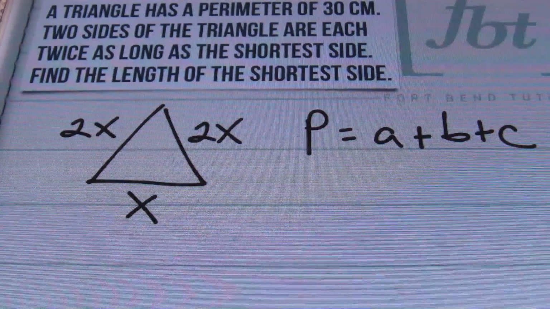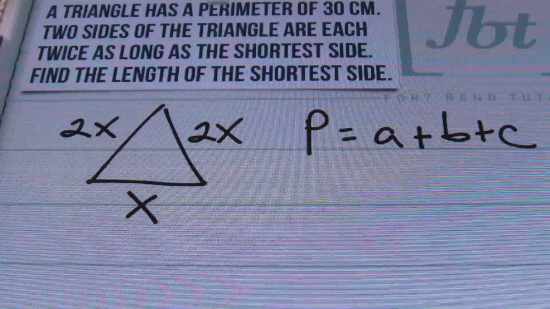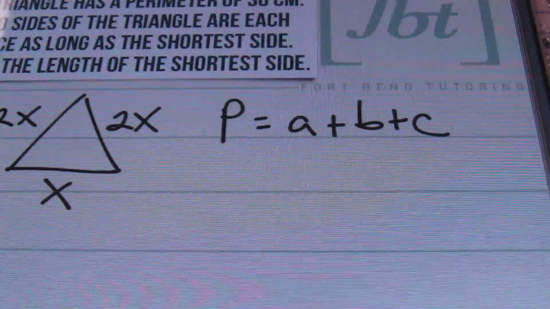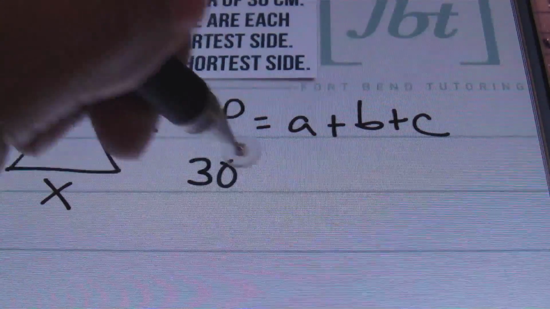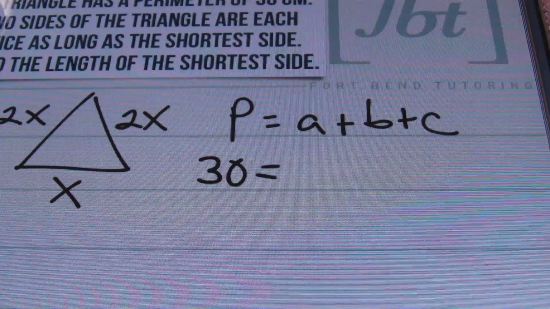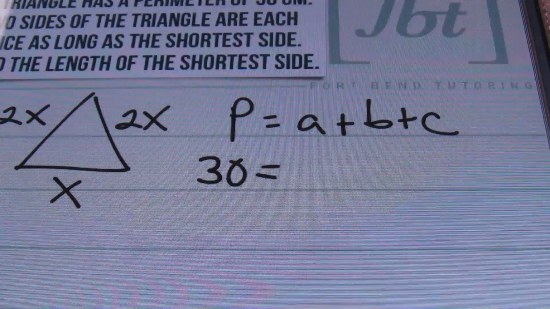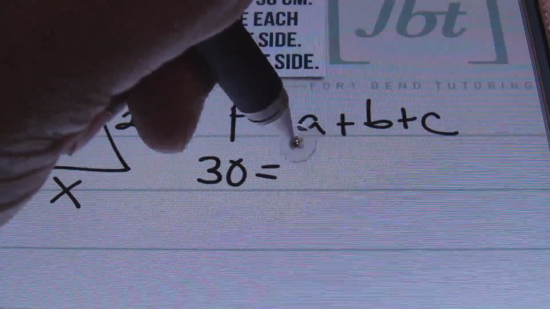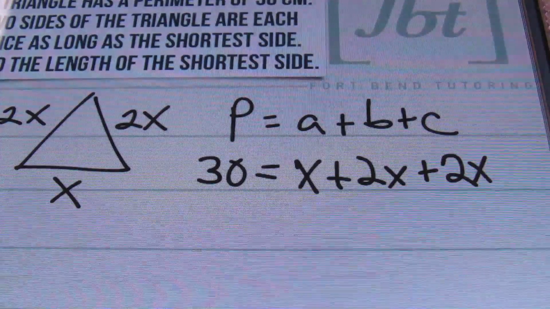So that being the case, I'm going to replace all these values here with my definitions and the given information. So then what I'll do is I'll be replacing that P with the given 30 centimeters that they told me about. And I'll be replacing A, B, and C with my labeled sides that I have right here. I'll be starting with my short side x, so that's going to be x plus 2x plus 2x. All right, so there's my equation.